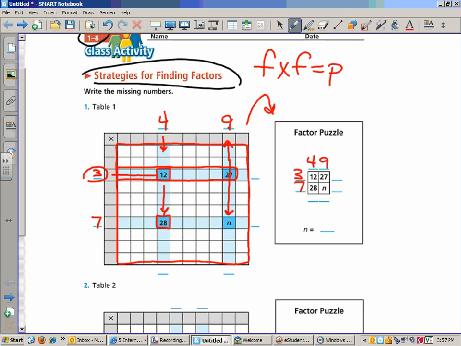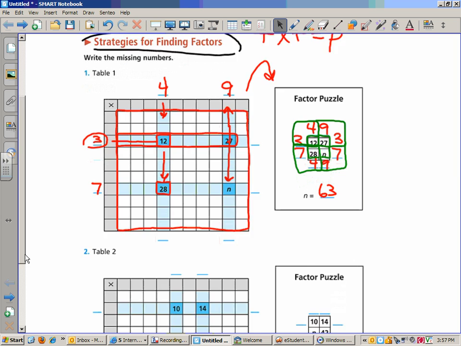So we have 7, 3, 4, and 9, and n should be 63. Within a factor puzzle, these two factors give you this product, these two factors give you this product, and these two factors give you that product. So just work through your puzzle.